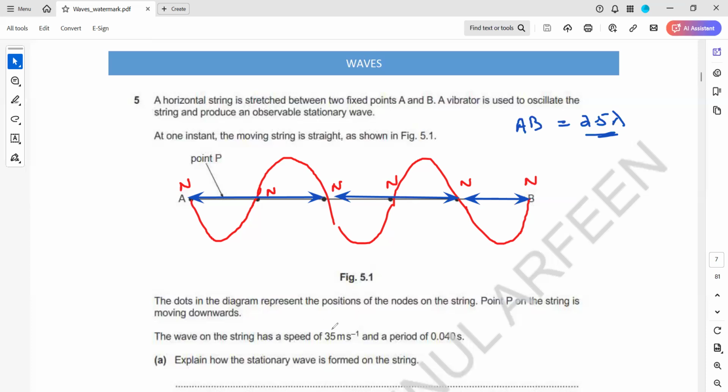First we have the speed and we have the time period, so we can work out the wavelength. How to work out the wavelength? V is equal to f lambda. V is the speed, which is 35. The frequency is not known, but the time period is known, so we can take the reciprocal of the time period to find the frequency. 1 over T is equal to f.